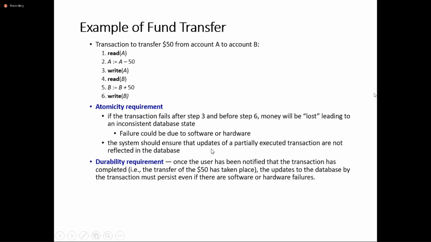Okay, the system should ensure that updates of the partially executed transaction are not reflected in the database. Atomicity is the requirement that you can go to the previous, old state of the database.